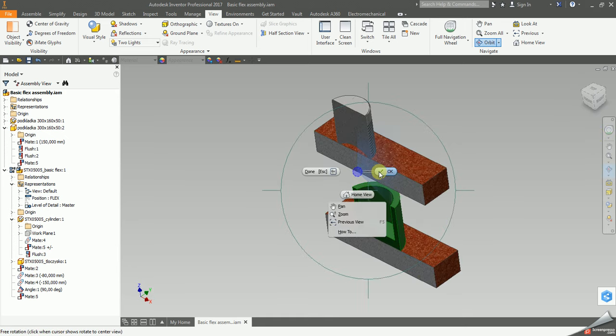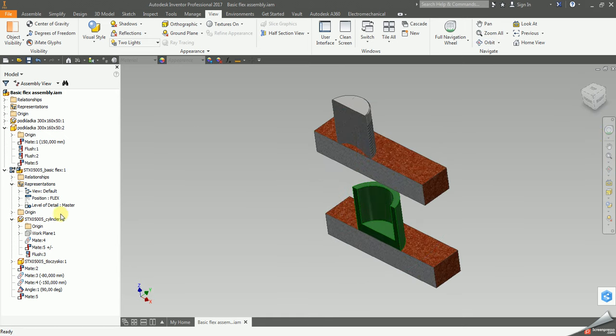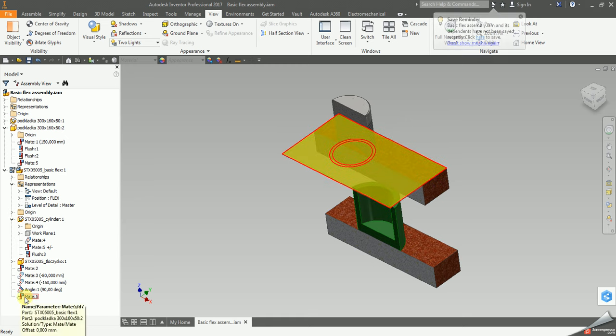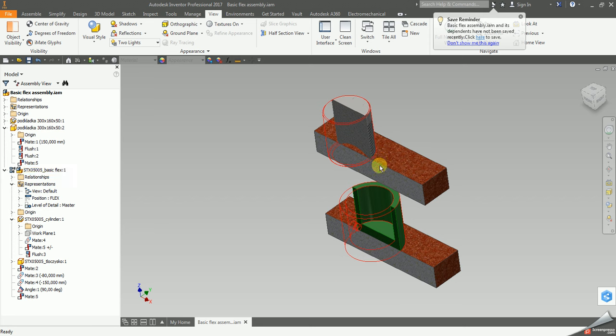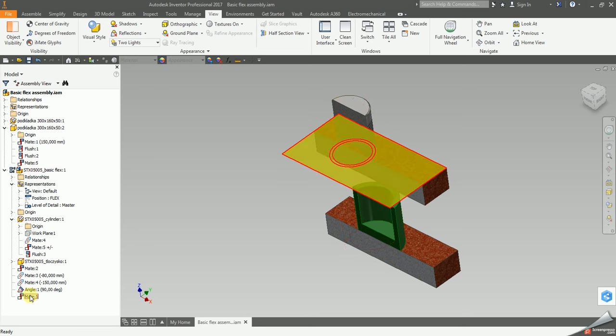As I have proven, Inventor solves the assembly badly when I try to apply the constraint mate 5 in this case, which forces the flexible assembly to break its internal constraints to meet the top level assembly constraint.